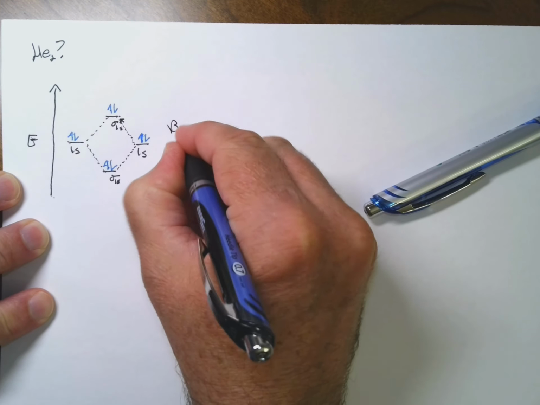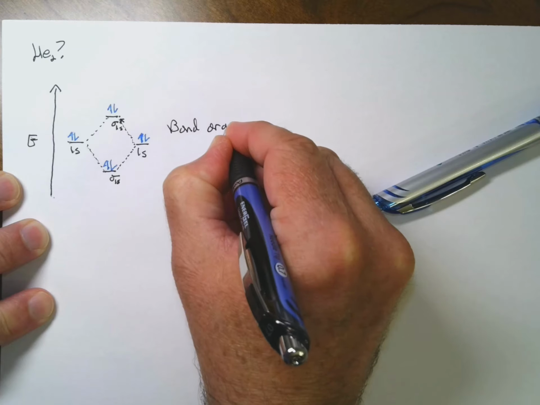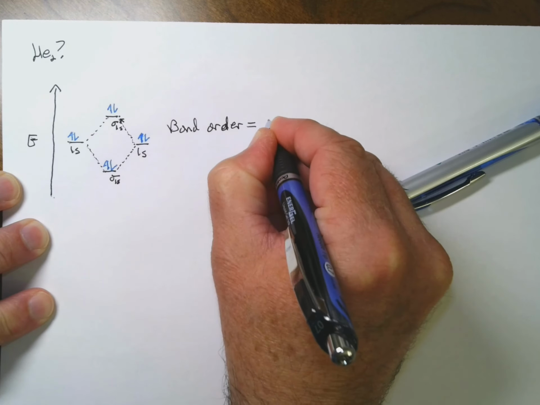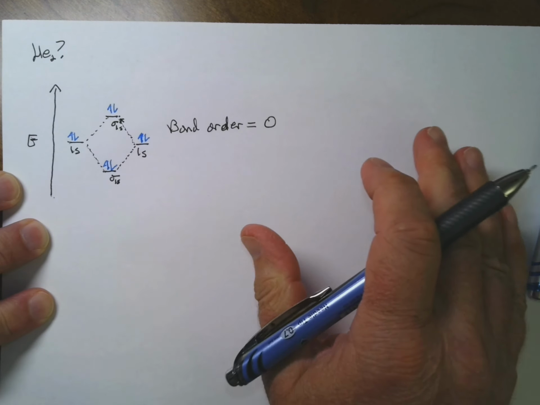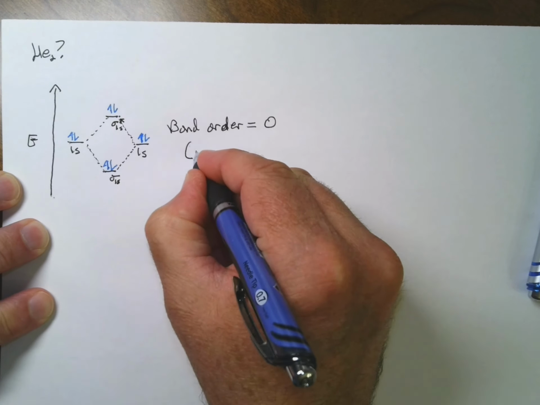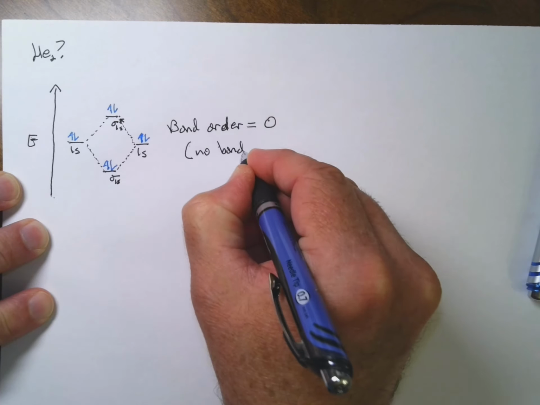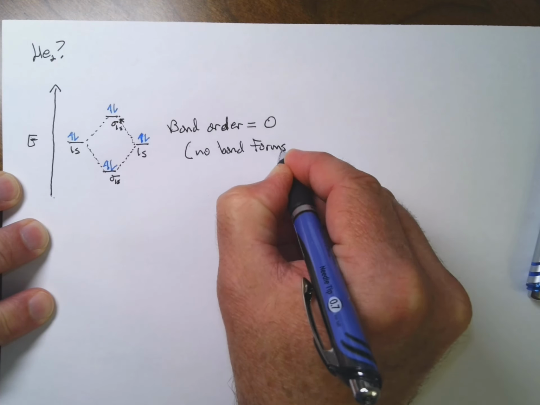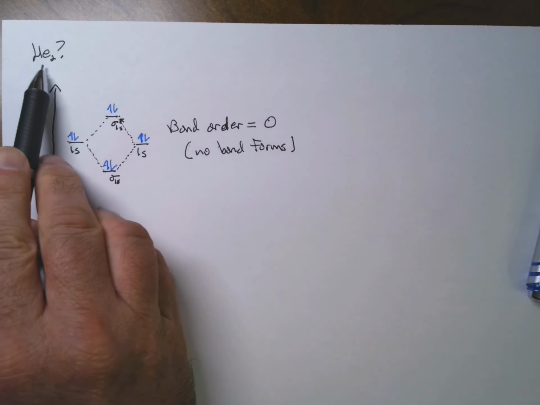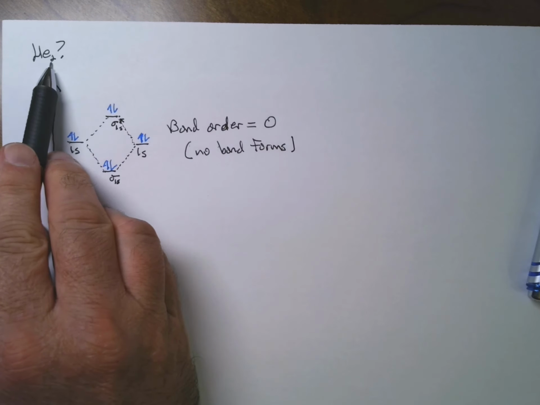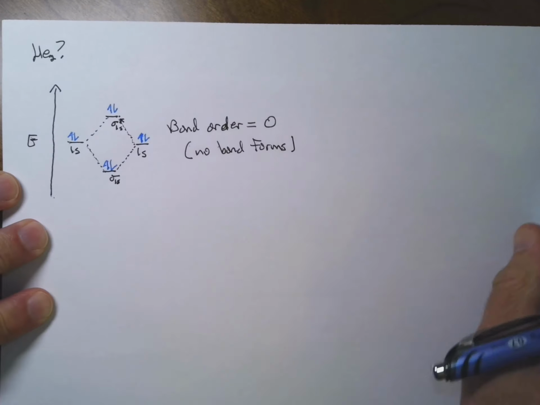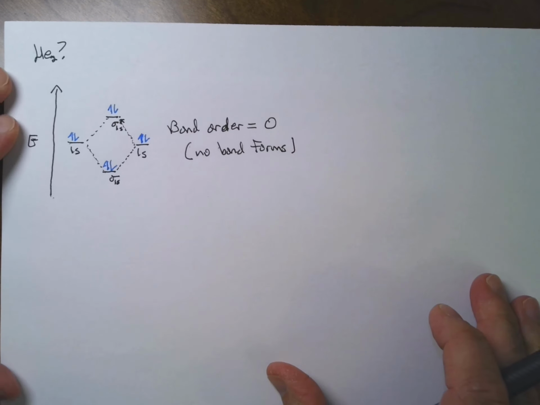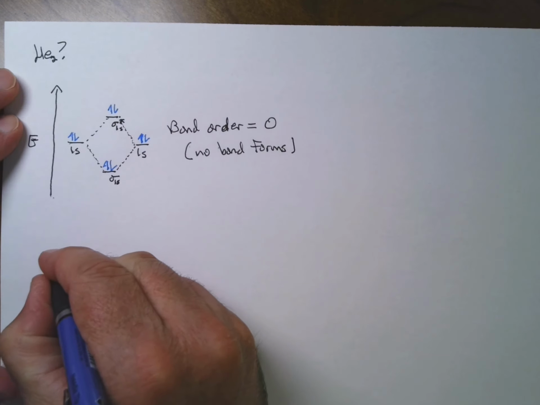So here our bond order equals 0. And that's analogous to no bond forms. Which is why we don't see He2 molecules anywhere. We don't see dihelium molecules. Now, could we get a dilithium molecule?